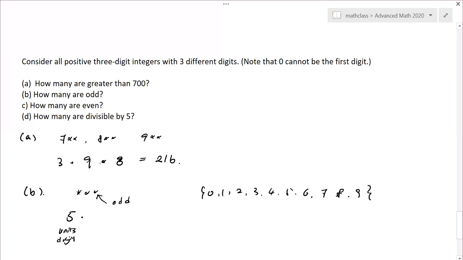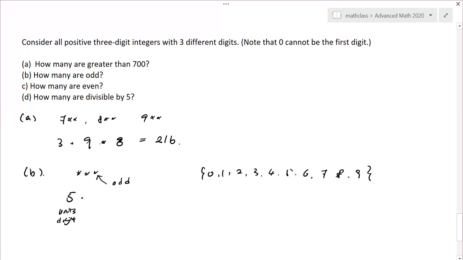So one digit is gone. For the remaining digits, you have to choose one for the hundreds digit. The hundreds digit cannot be 0 and cannot be the one already used, so there are only 8 choices.